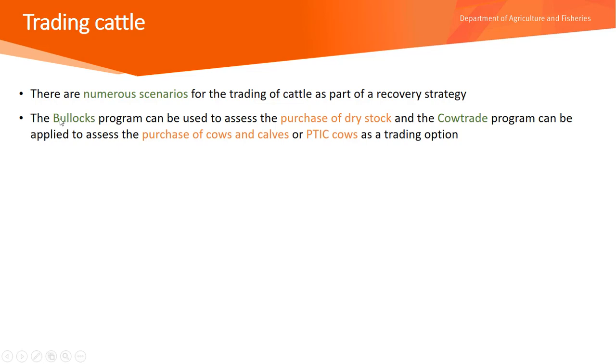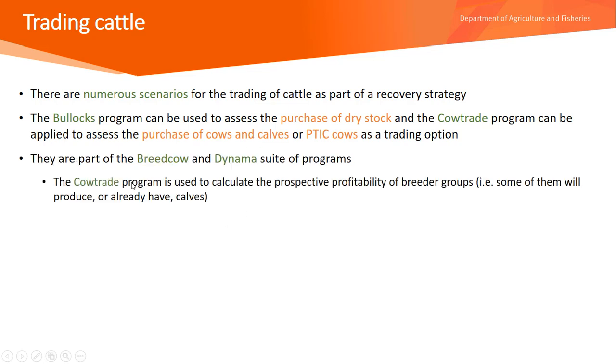Now, bullocks program, as we explained previously, is about the purchase of dry stock or the sale of dry stock in a destocking scenario. The cow trade program is all about purchase of cows and calves or PDIC cows. So they're either cows that are going to have calves or that have got calves at foot. They're part of the breed cow dynamic suite of programs.